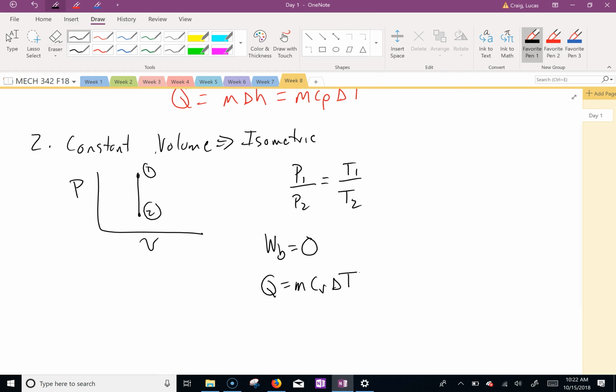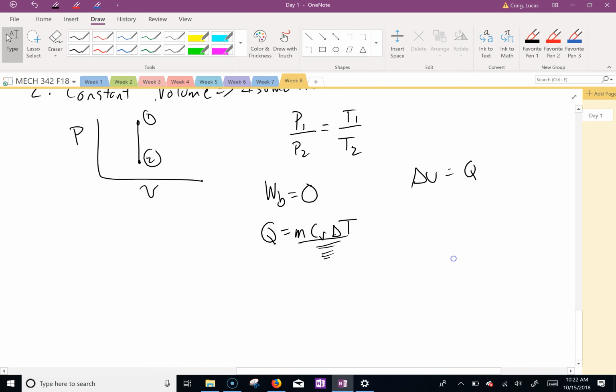You hopefully identified constant pressure: if there's only boundary work, Q is M Cp delta T. If it's an isometric process with only boundary work, which is actually 0, there's no other work, your Q is that, which states that delta U is Q, because there are no other work terms. What's the other assumption you're making? This equation is only valid for a gas.